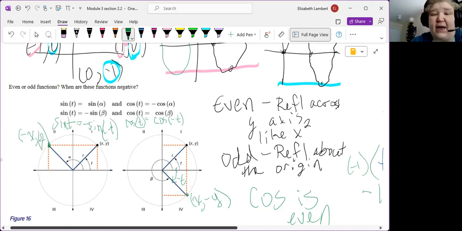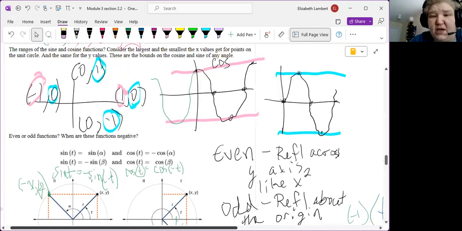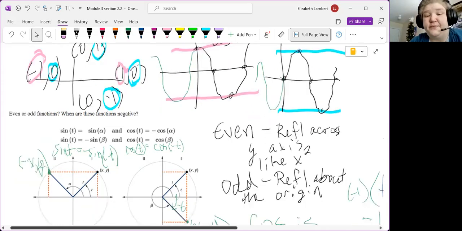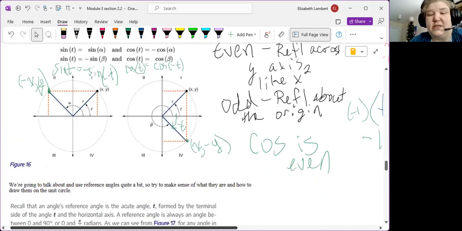And if you look back at the graph, if I continued and drew the same pattern, we're going to see I go up and then down, I go down and then up. If I took this graph and spun it about the origin 180 degrees, it would be all the same. All the points would line up. So sine is odd.